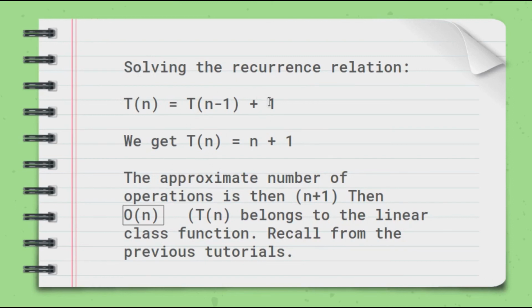If you solve this one by tracing or substitution, we definitely get something like this. And then from the previous tutorial, we have big O of n, the highest degree. So that's how the time complexity of this recursive function can be obtained.